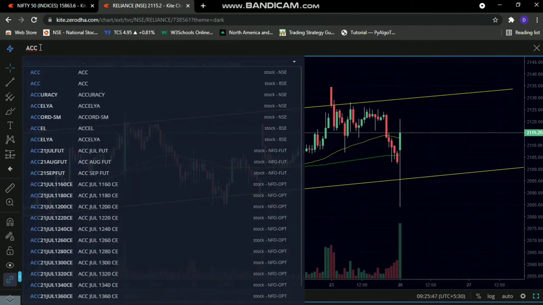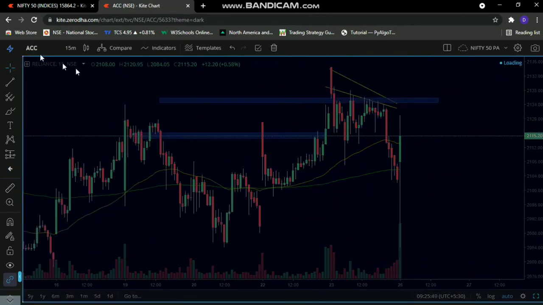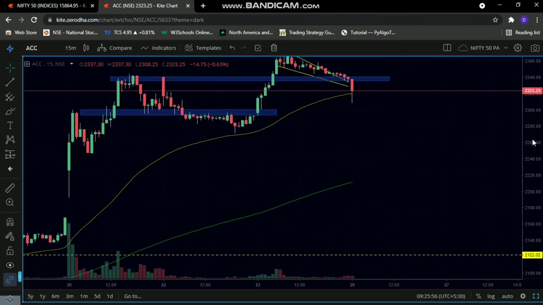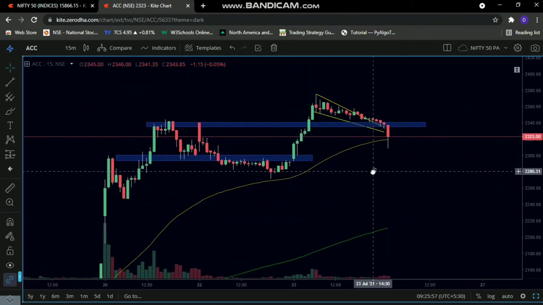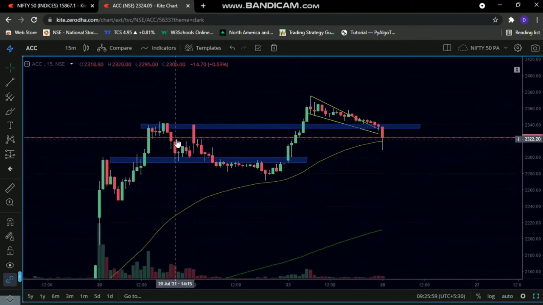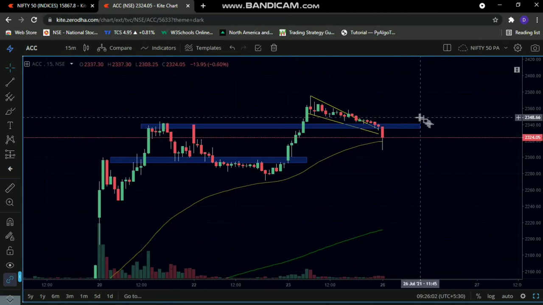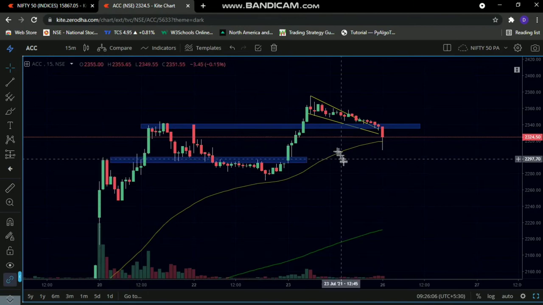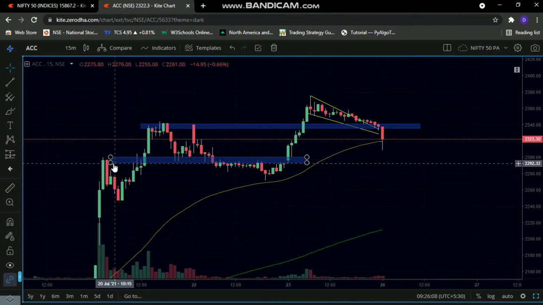Right? The next stock is SEC. In SEC, you can see the flag and pole pattern, and there are two exponential moving averages, and this is the supply or the demand zone, right?